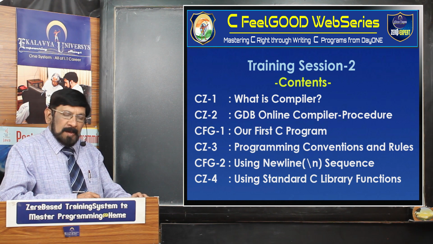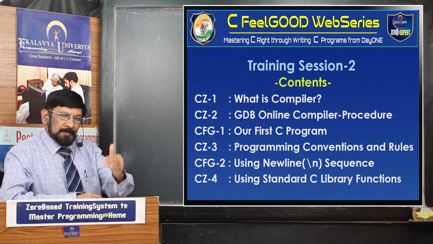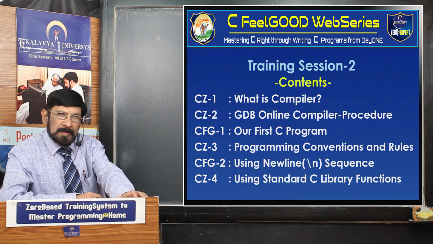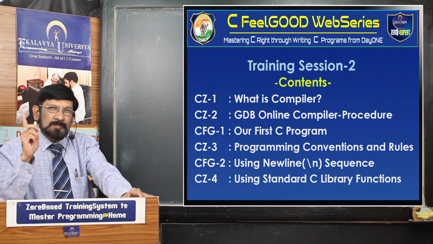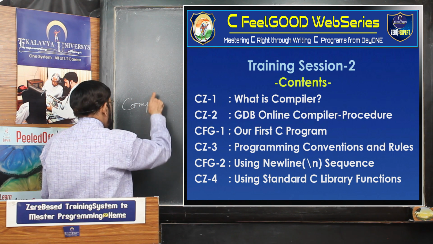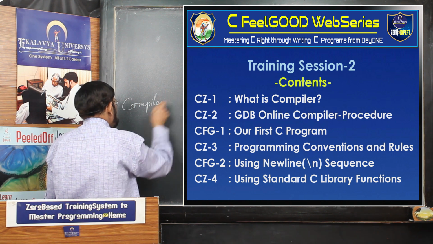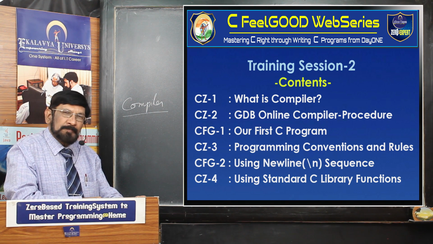First one, CZ1. What is compiler? Before doing programs in any language, not only C, any language, you must know about one software. This is compiler. Compiler is a software, and you must know about it. What is the purpose of that?